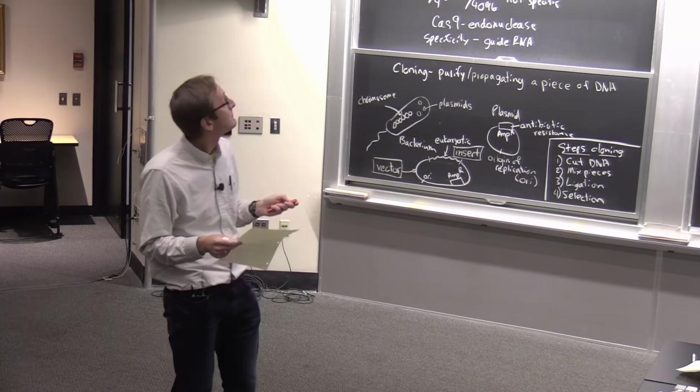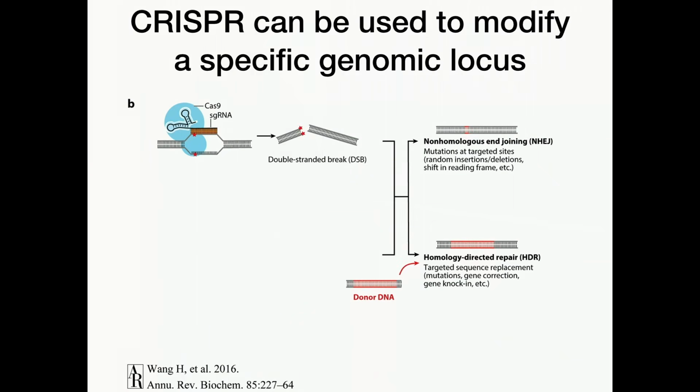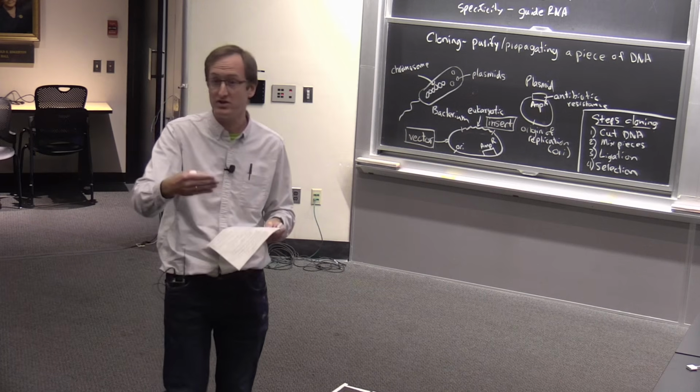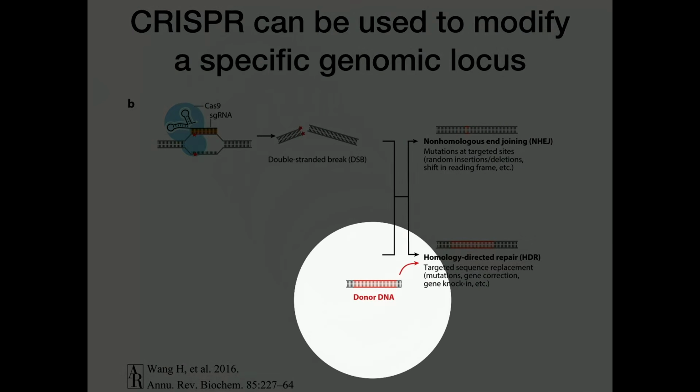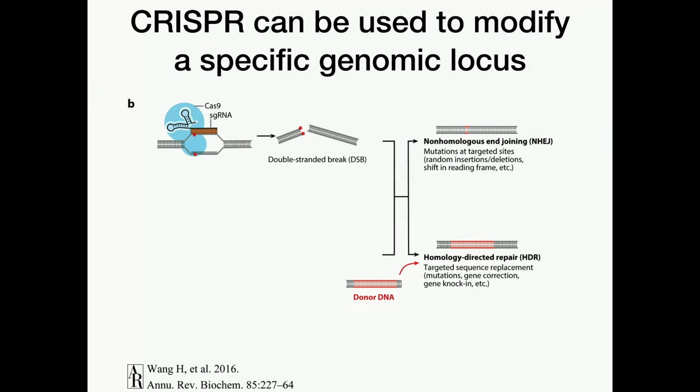So the idea is, if you want to edit the genome, and why people are so excited about this these days, is you now have a system that might allow you to generate a double-stranded break in one specific place in the genome. And if you can do that, then you provide donor DNA that maybe has a different sequence. If you consider a disease allele, let's say you know there's a gene that, when there's a certain allele, causes an inherited form of a disease.